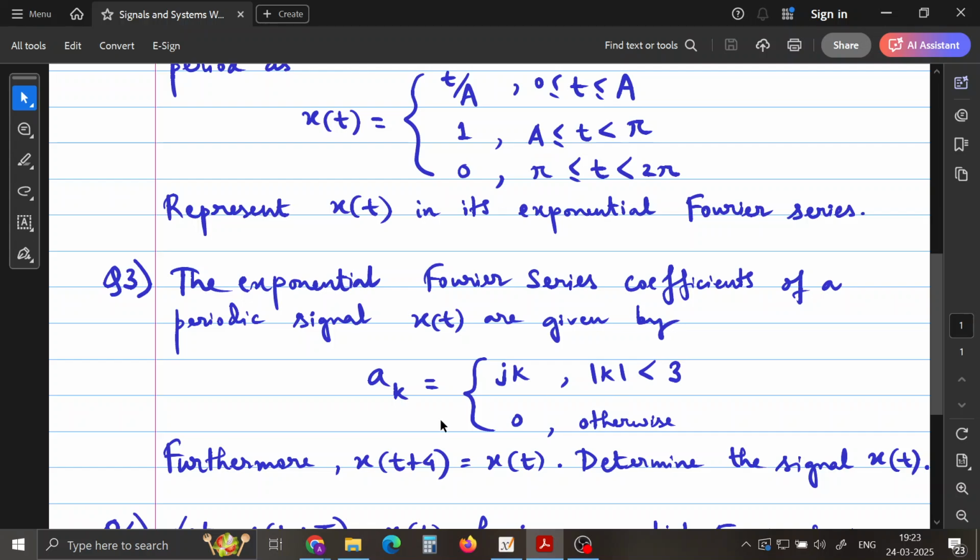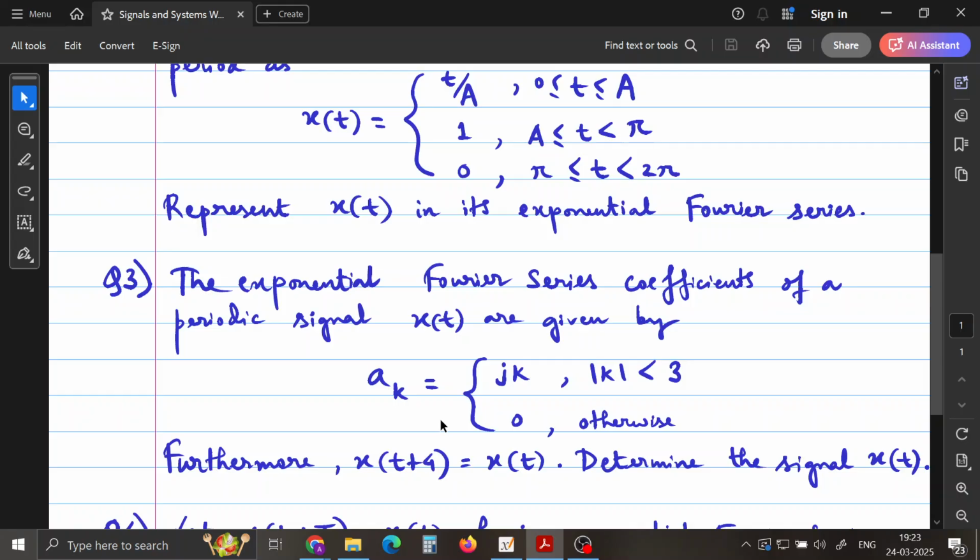Okay, here we go. So in the third one we are given the Fourier series coefficients, so we know what the AKs are.